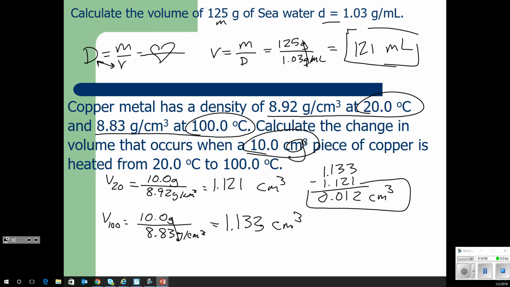Okay, are we okay with this? It's basically just the density equation. We just do it twice and subtract them. Get the difference. So instead of this, they could have said, what is the thermal expansion difference? They could have said that instead of the way I put it.